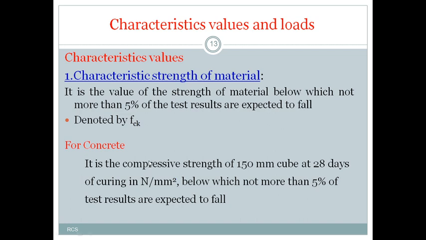That means during the compression test on cubes in the laboratory, not more than 5 in 100 cubes will fall below the actual required strength of a cube. That is the characteristic strength of concrete. Generally, it is denoted with fck.